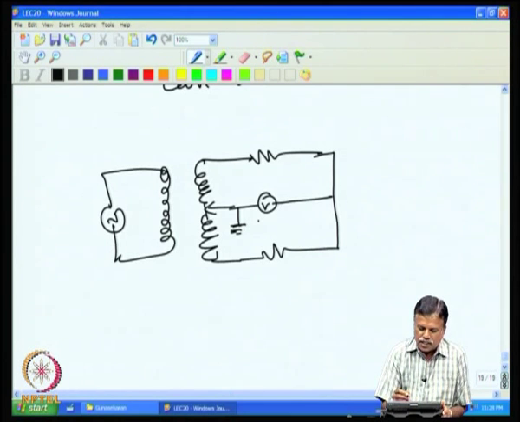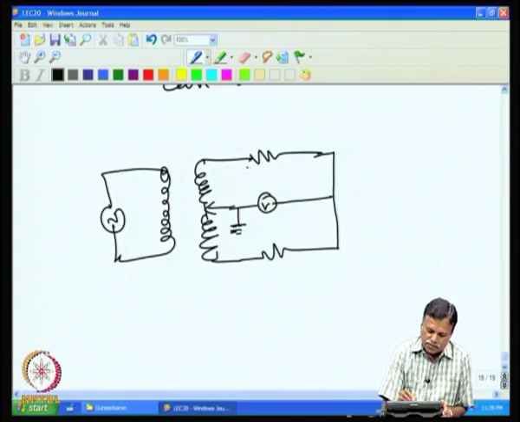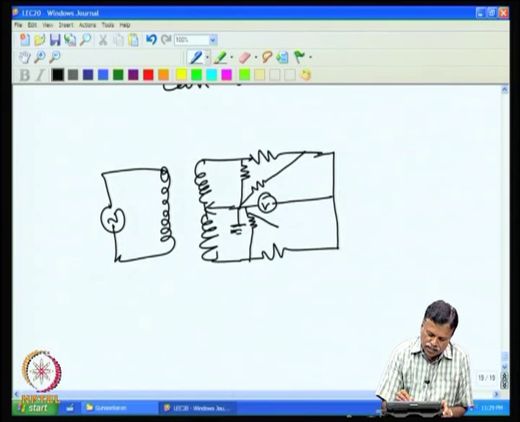Now, it is possible that you will have a leakage resistance from this point to ground. Similarly, there will be a leakage from ground to this point, from here to this point, and from here to here.